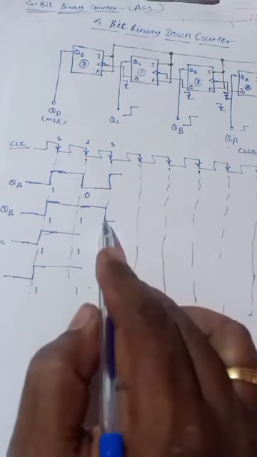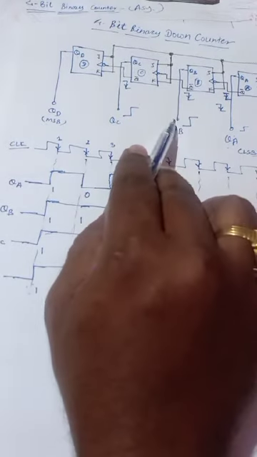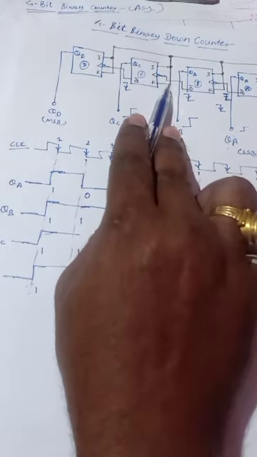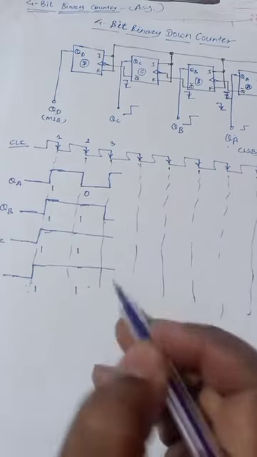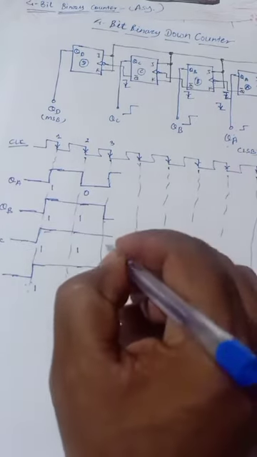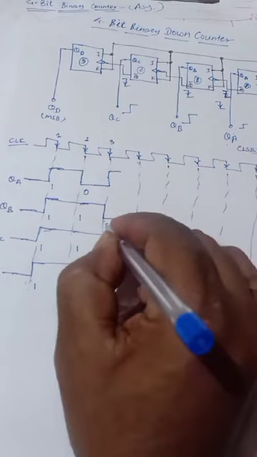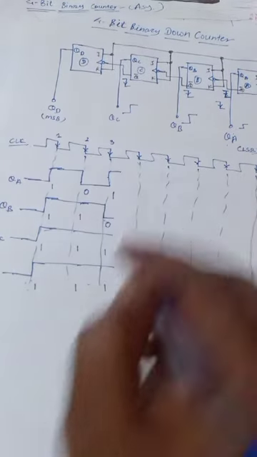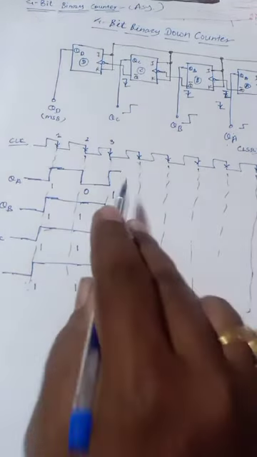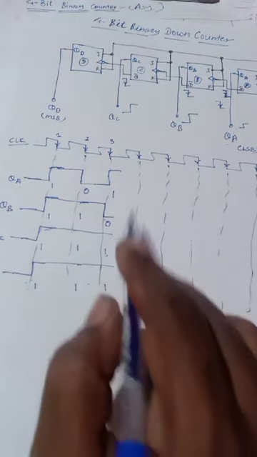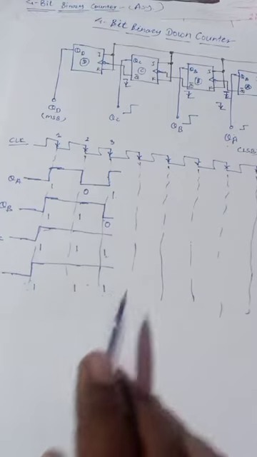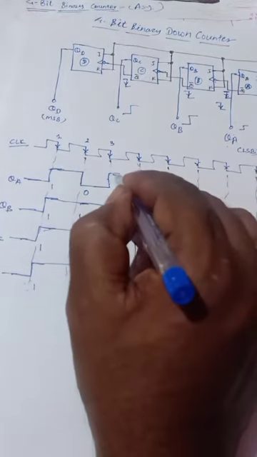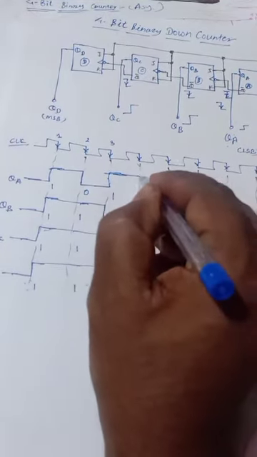There is a negative change in QB but Q bar is a positive change, so it remains constant. Now the output becomes 1 1 0 1, it is equivalent to 8 4 2 1, 8 plus 4 is 12 plus 1 is 13, so it is equal to 13. 15, 14, 13. Then at the arrival of the fourth clock it again toggles.